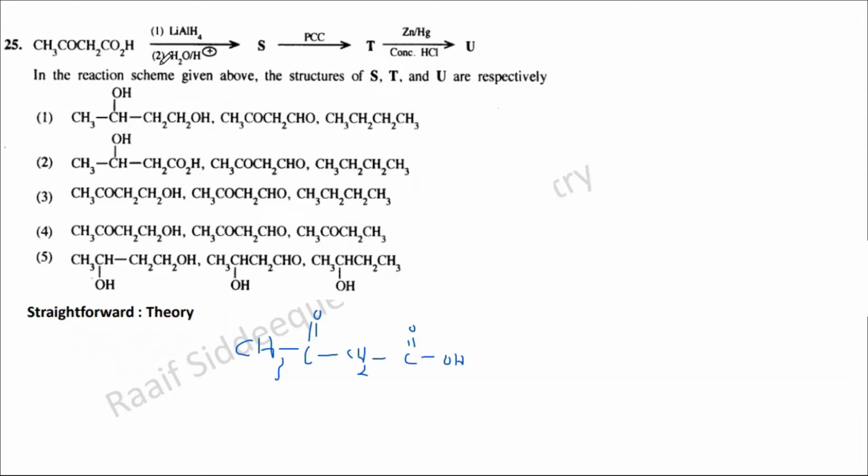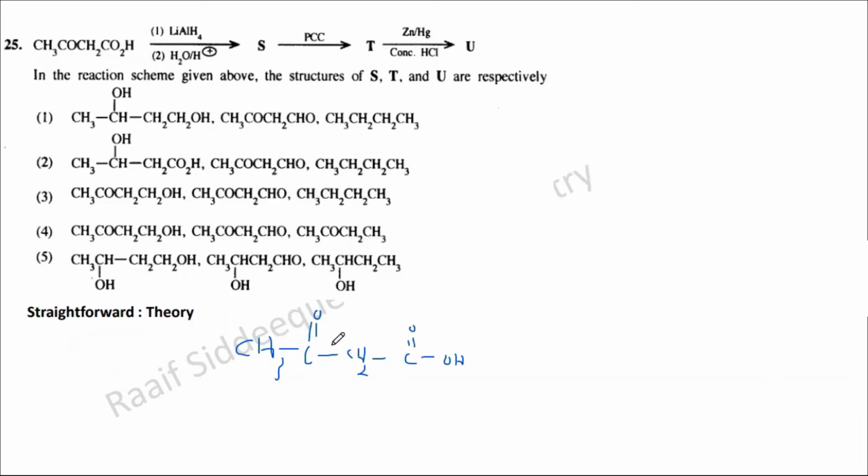Right. The first reaction is that they have used lithium aluminium hydride with water. So think about this a little bit. What is lithium aluminium hydride? It does the reduction of the compound.